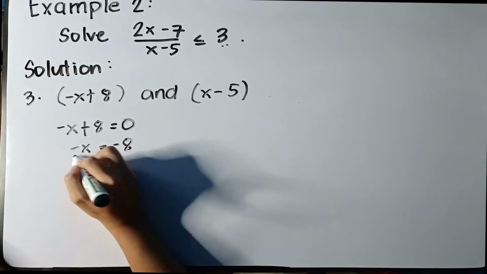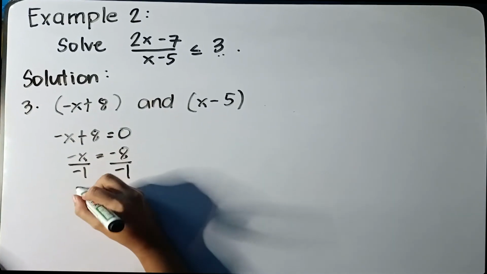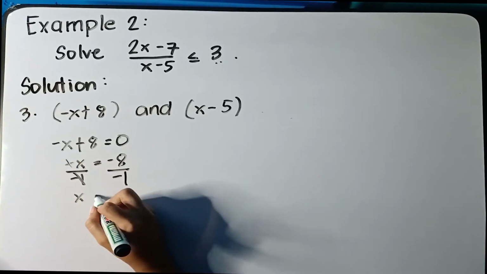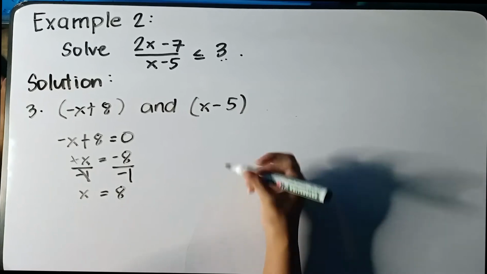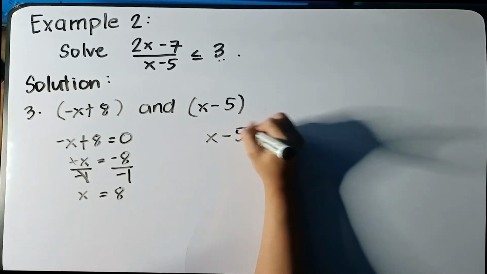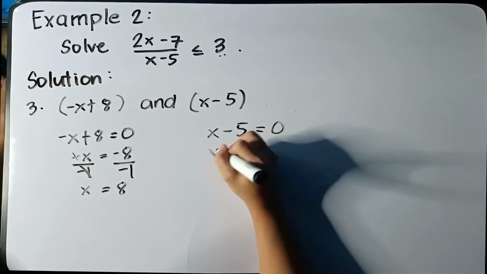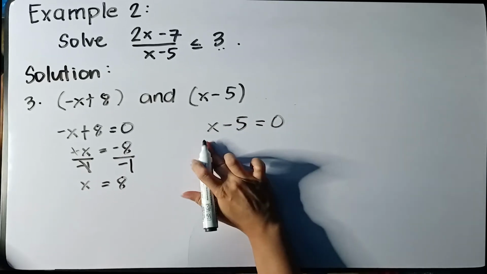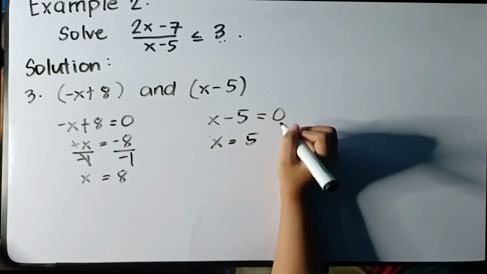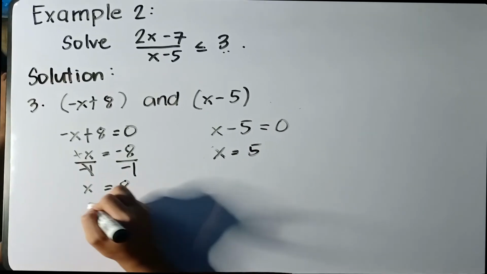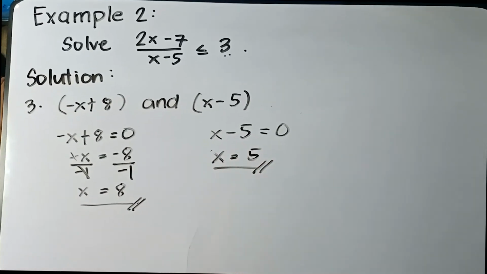So negative x equals negative 8, let's divide both sides by negative 1 to normalize our x. We have x is equal to positive 8. For another critical point, we use x minus 5 equals 0. So transpose negative 5 to the right side, we have x equals positive 5. So the critical numbers are positive 8 and positive 5.